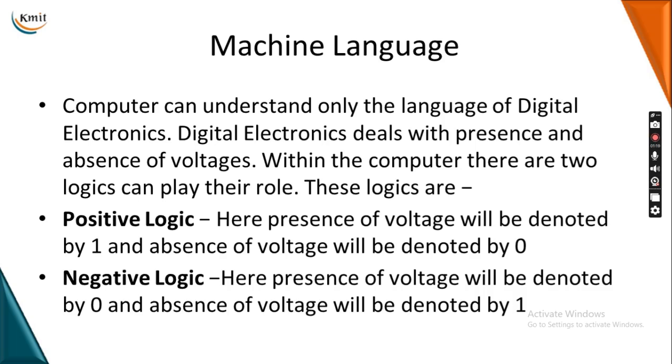Medium level language is assembly language, and high level language, which we are using nowadays, is C++, C, Java, etc. In the earlier days of the computer, they were using only the low level language, which is machine language, which we can also call the binary language, which understands only zeros and ones.